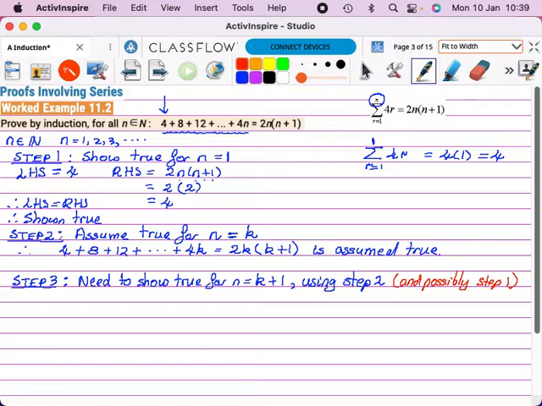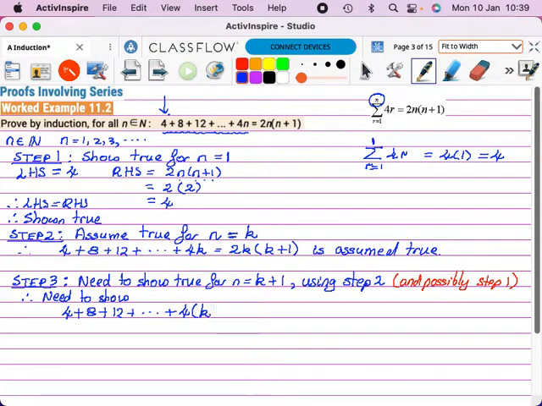Well, I'm going to write it now. Therefore, need to show. Now I'm going back up to here. 4 plus 8 plus 12 plus dot dot dot plus 4k. You need to get your head around this.